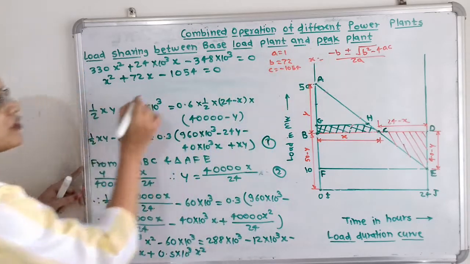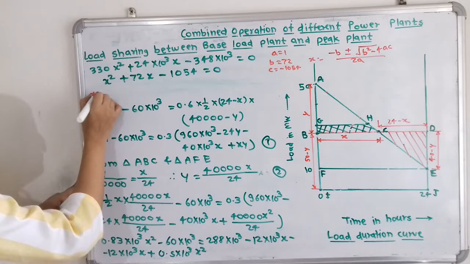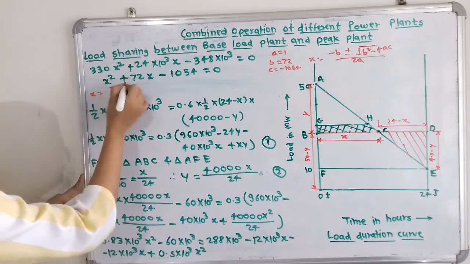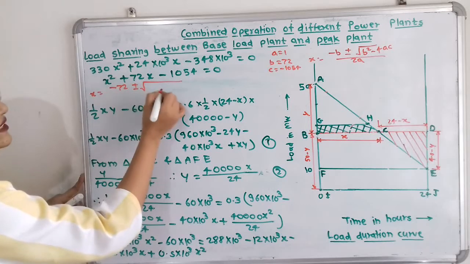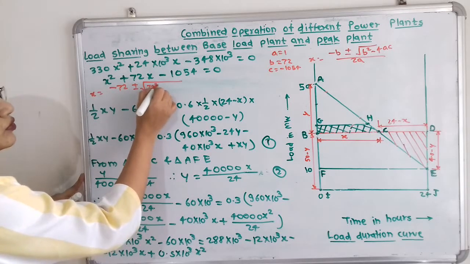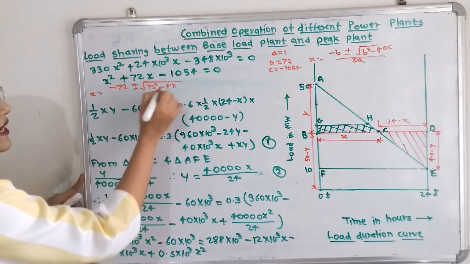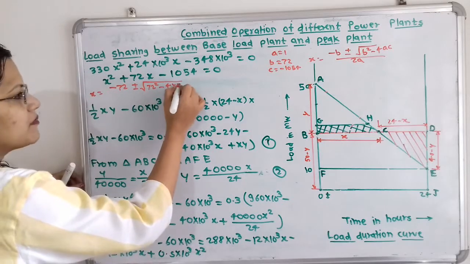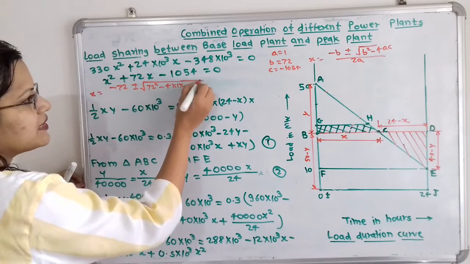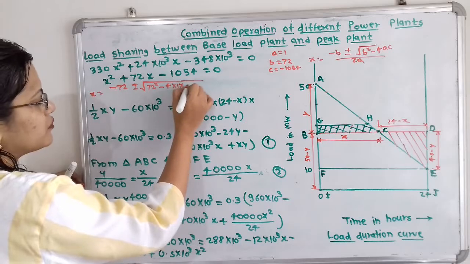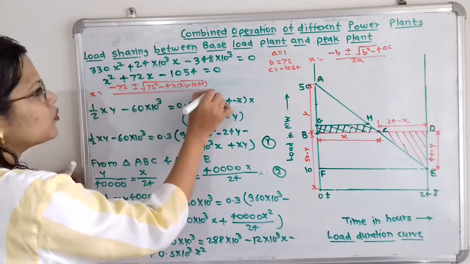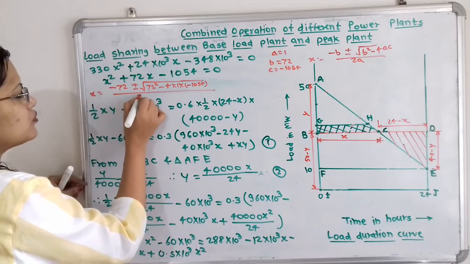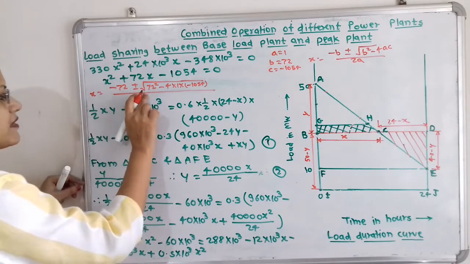So now I will put the values in this equation. Therefore x = −b, that is −72, ± under root of b², that is 72², minus 4 multiplied by a, which is 1, multiplied by c, which is −1054, divided by 2a, that is 2 × 1.